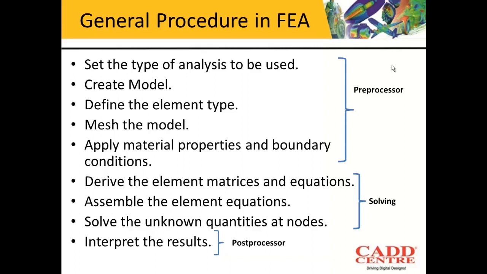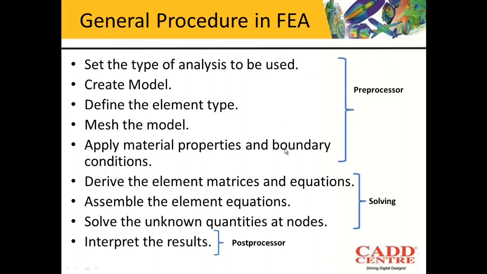Next, in the CAE software, the equations or the matrices will be created, and after that these equations will be solved, and after solving these equations we will get the results. So this is the entire procedure that is involved in a FEA software.